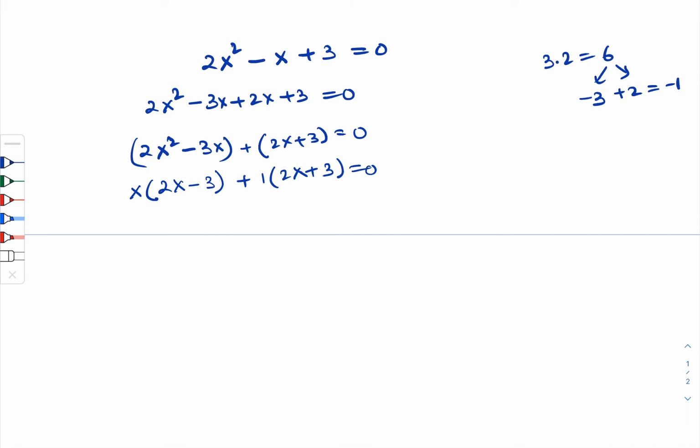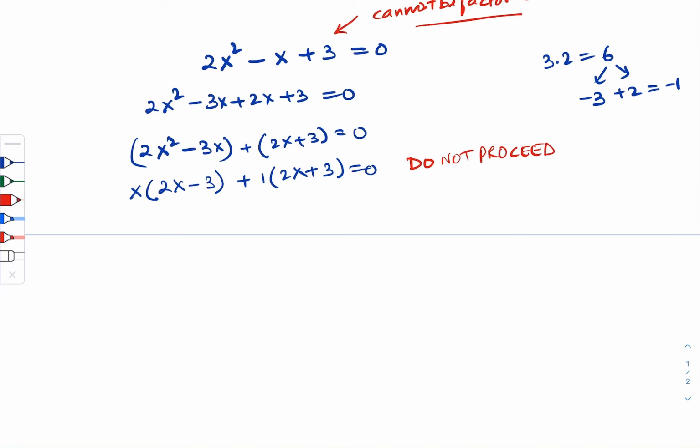Therefore, do not proceed further, because this is not the correct way. So essentially what we're saying out here is that this trinomial cannot be factored.